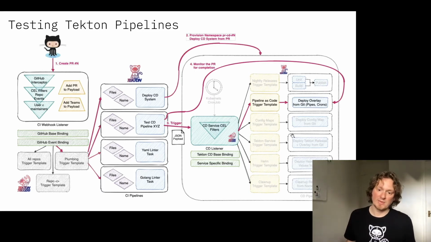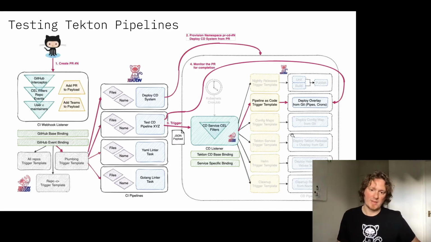And this copy is created out of the definition of the CD system in the PR. So it includes the CD pipelines as defined there. So this is step 2.